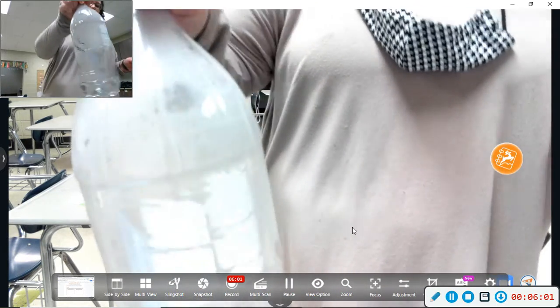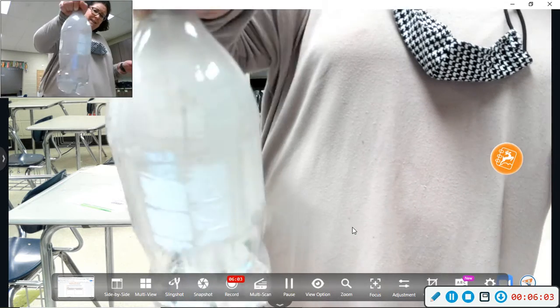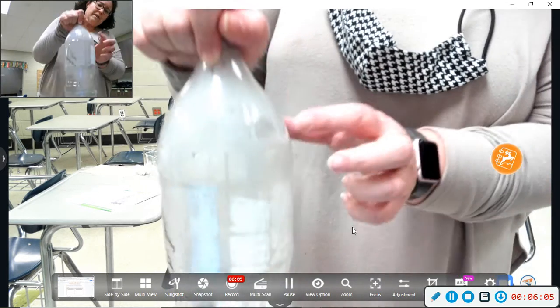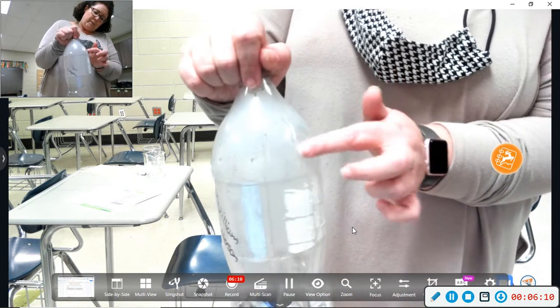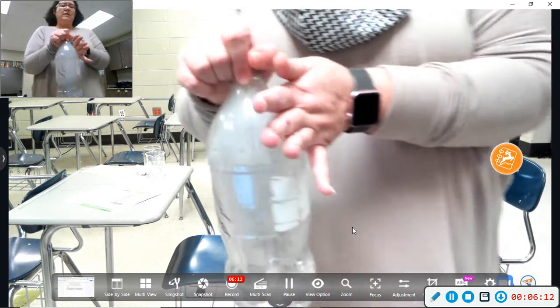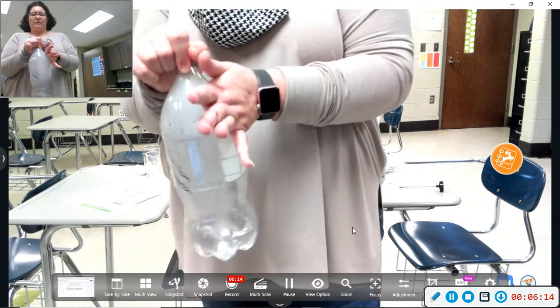I don't know how well you can see that, but there's a place right here where I've been rubbing, where the bottle is now clear instead of fogged up.